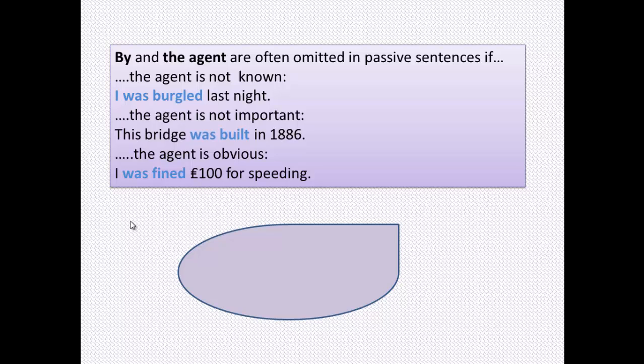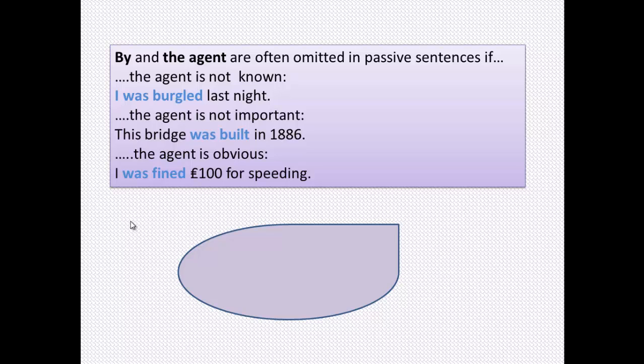Here also there is no need to mention it in the sentence, like the sentence: I was fined £100 for speeding. So here, who fined me? I mean the police. The police fined me £100. Here the agent is so clear, so there is no need to mention it in the sentence.